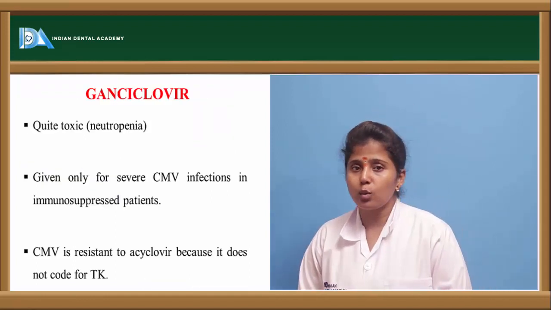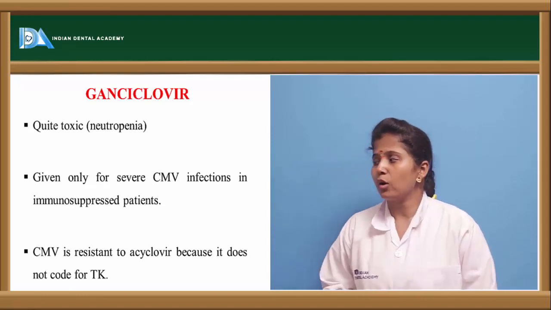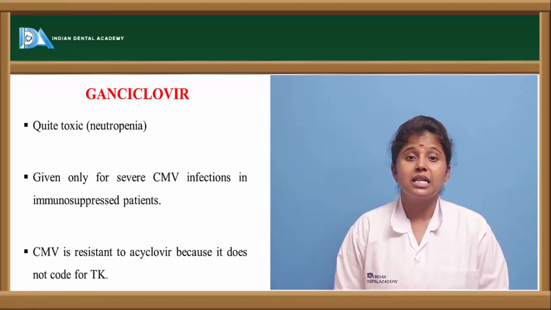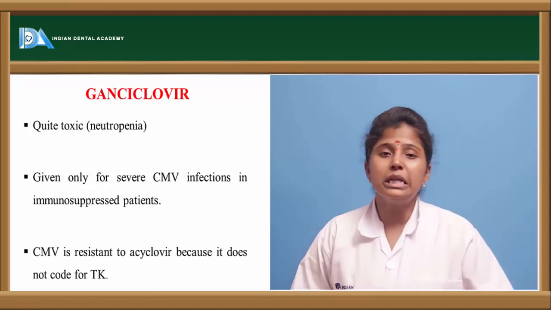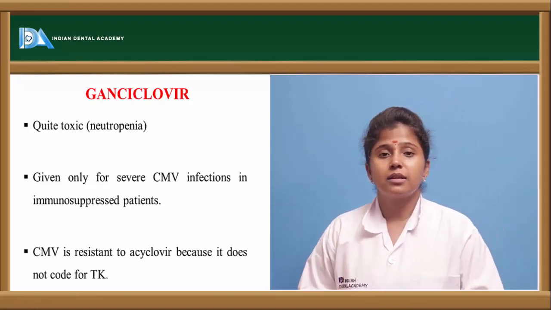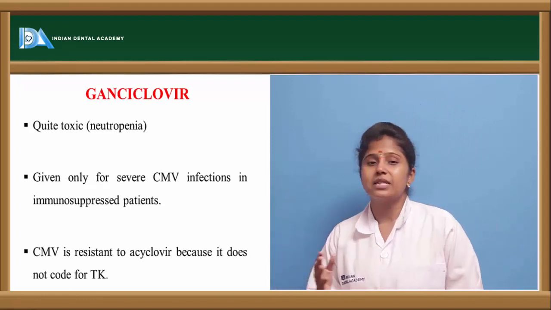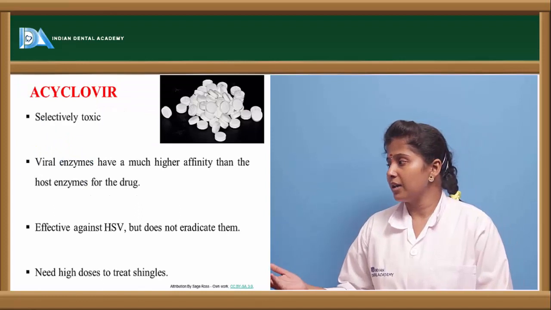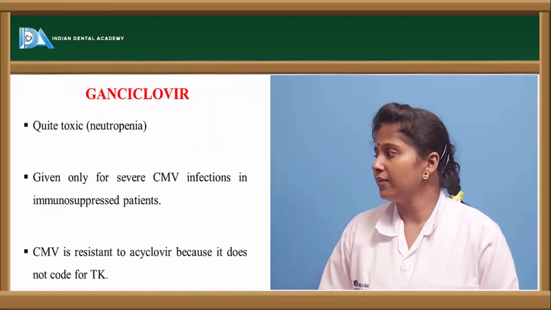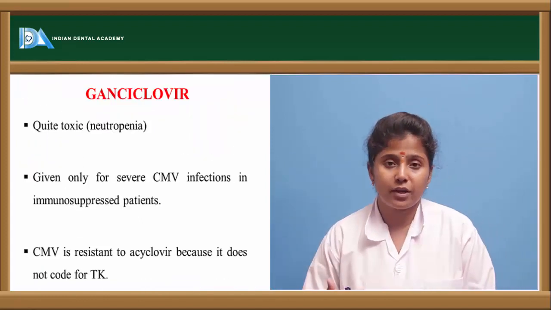The other drug is ganciclovir. Ganciclovir is more toxic when compared to acyclovir. It may cause neutropenia, in the sense it will reduce the neutrophil count, and it is given only if the cytomegalovirus infections are severe.